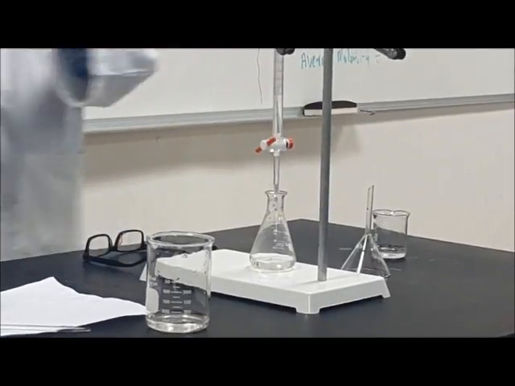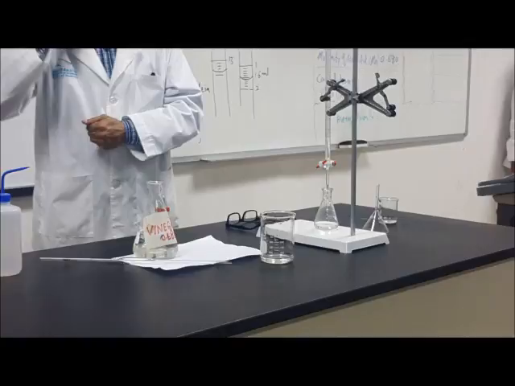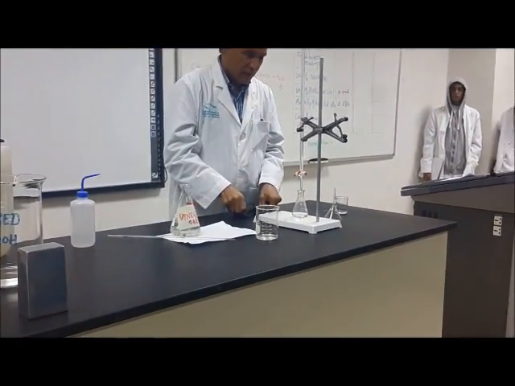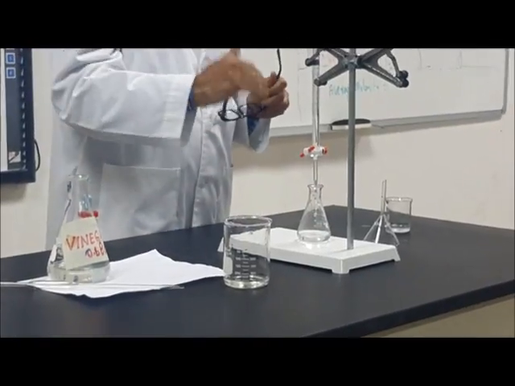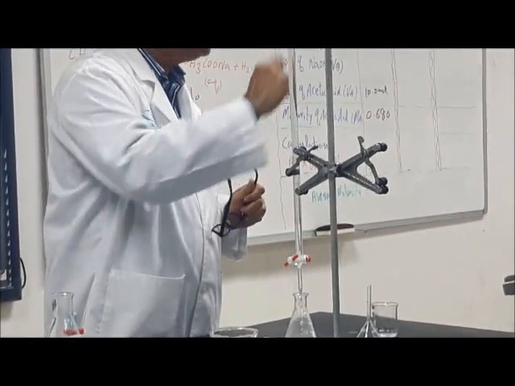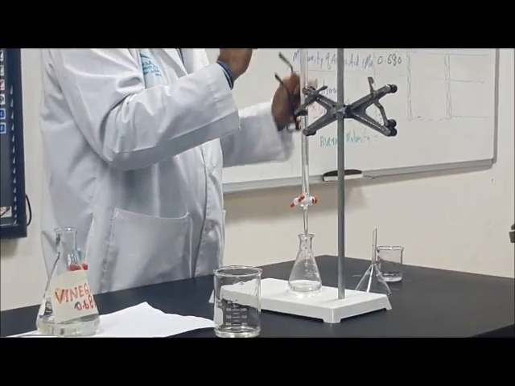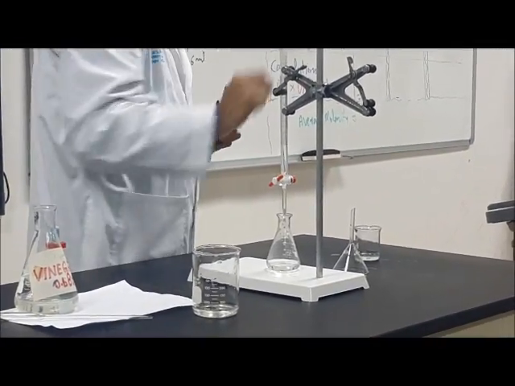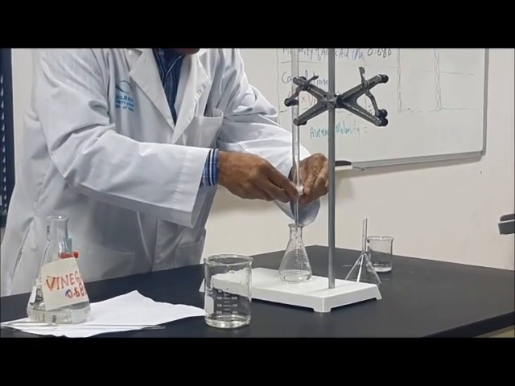Maybe in a few drops, I will get the permanent pink color. Because I have more experience, I can do it even fast. You don't do it fast, because you are doing it the first time and you must get it with one drop. The pink color should come with one drop. So let's see.